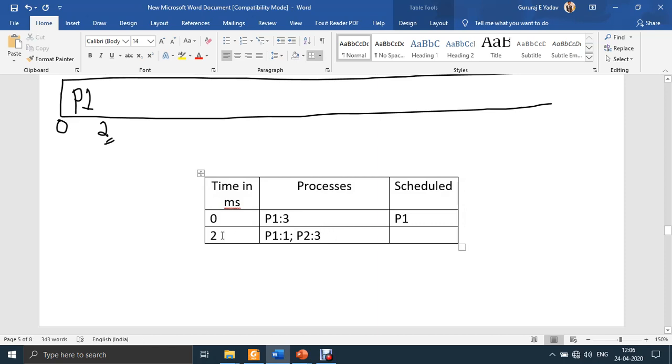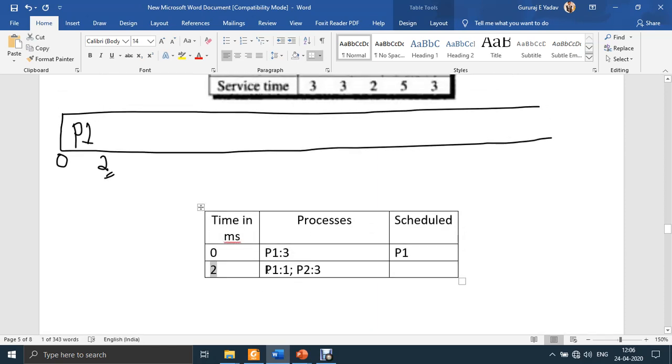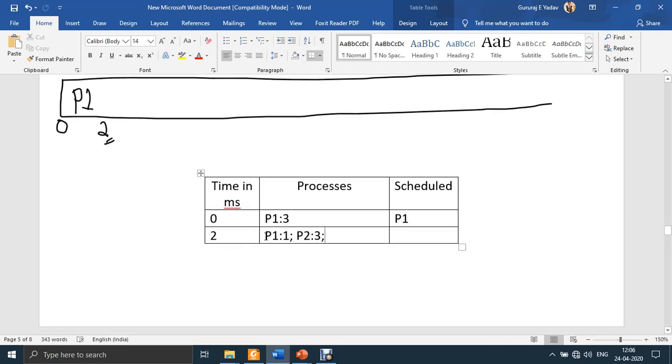So at 2 milliseconds, there are two processes now. P1 with a remaining time of 1 millisecond, because since you already gave it a chance previously, it has already completed 2 milliseconds out of 3 milliseconds. And then a new process has come up with an estimated execution time of 3 milliseconds. So now which process will you give the chance to execute?